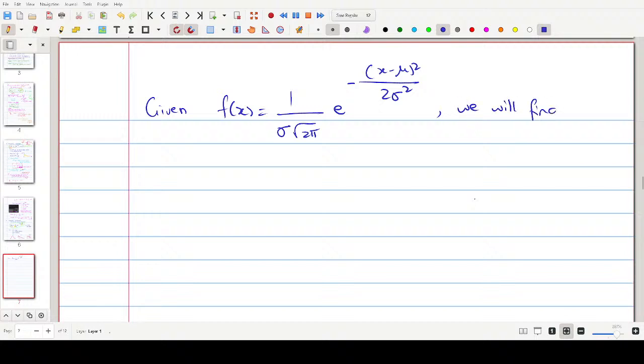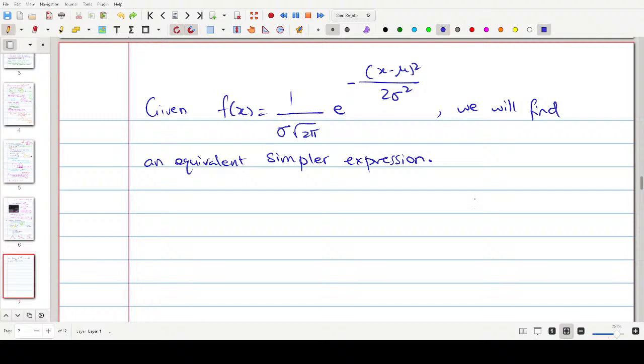We will find an equivalent simpler expression. We'll find an expression which is pretty simple. So what we do is we will write down the following.